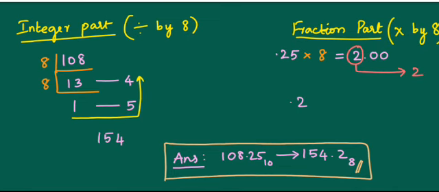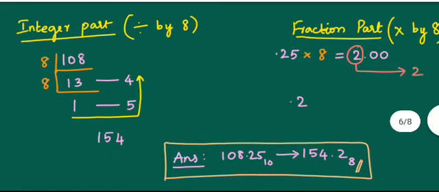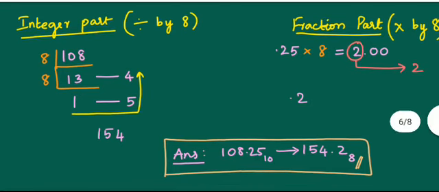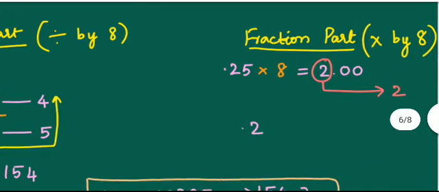So 108 I am going to divide by 8. The quotient is 13, the remainder is 4, since 13 eights are 104. Again I divide 13 by 8: the quotient is 1, the remainder is 5. From bottom to top you write 154. This is the integer part. Coming to the fraction part, we multiply by 8.